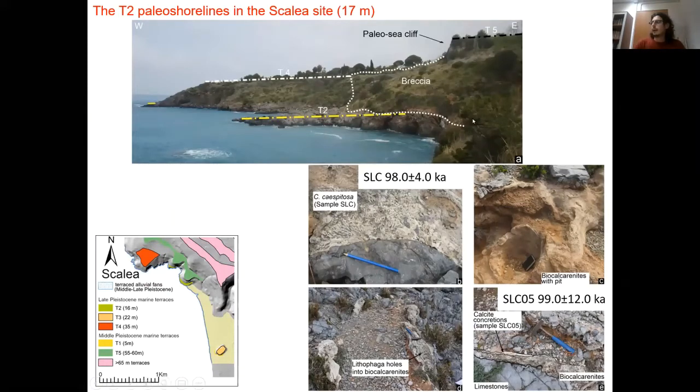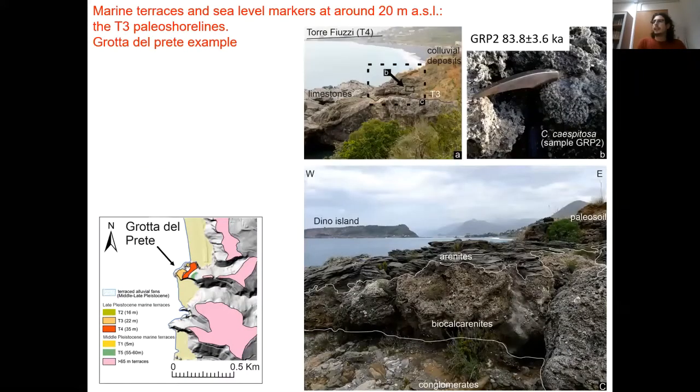Here we could date the corals, and we can also strengthen the analysis with calcite from speleothems that cover the biocalcarenite bearing this deposit. The third order is at about 20 meters above sea level.